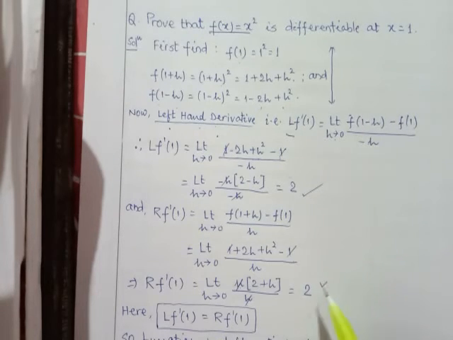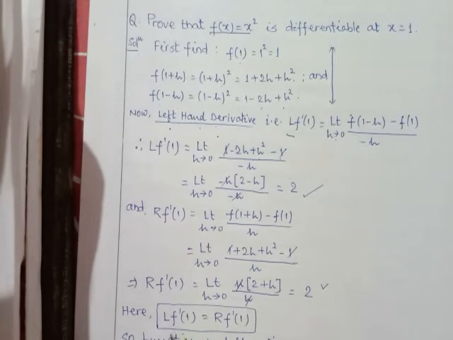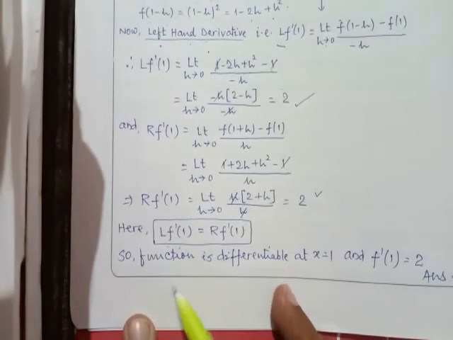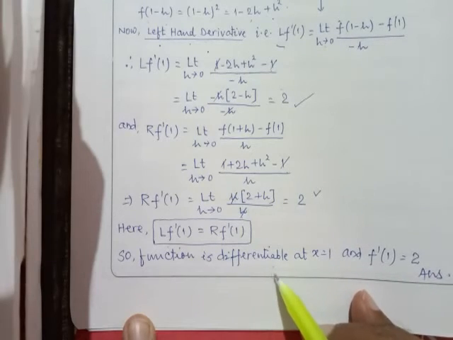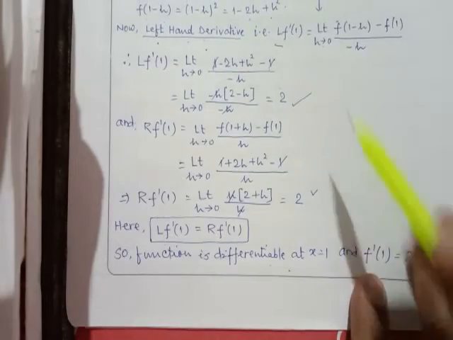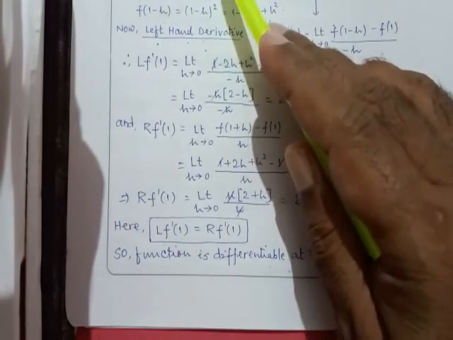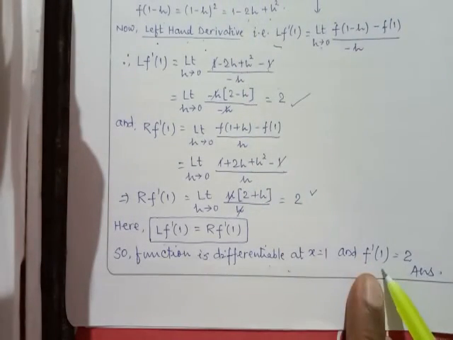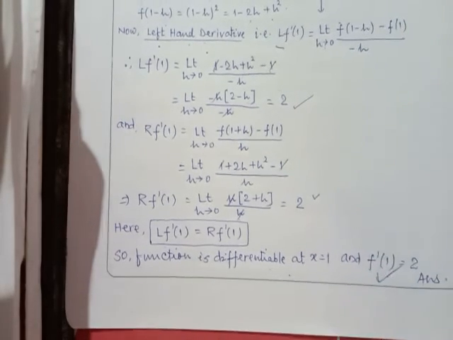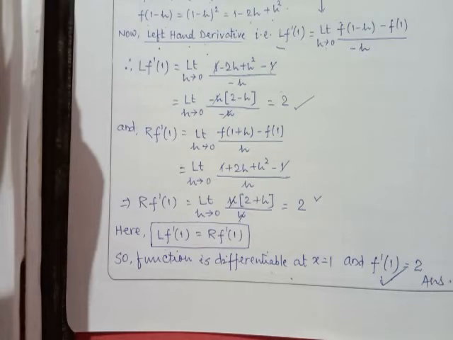So we see that both derivatives, left hand and right hand, are equal. Thus the function is differentiable at x equals 1, and the differentiation of f(x) at x equals 1 is 2, which is the value of the left hand and right hand derivative. See another question.